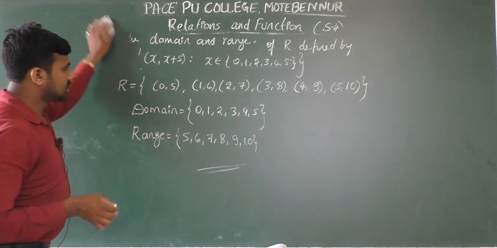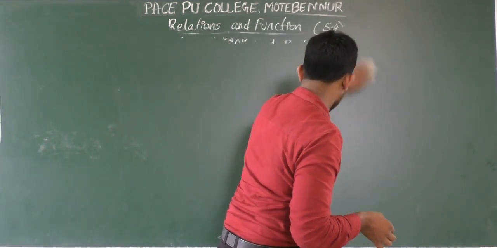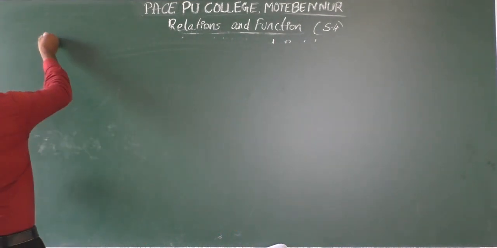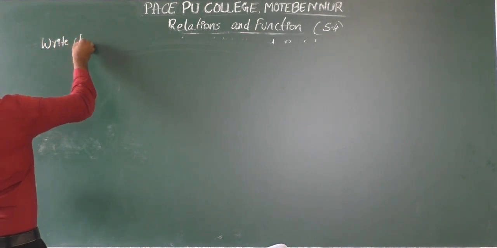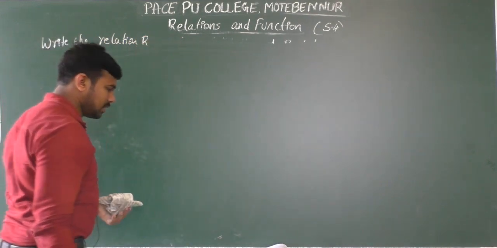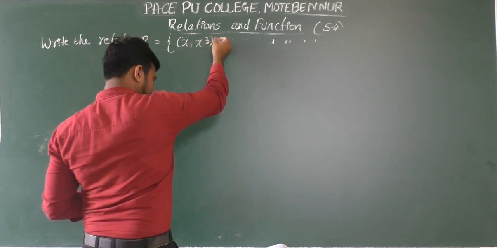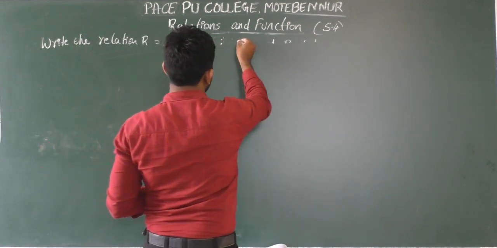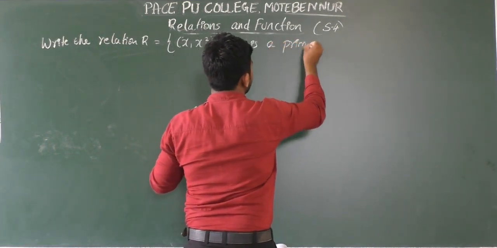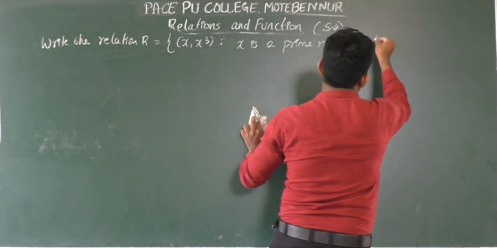Now see the next question. Write the relation R. R is equal to the set of all ordered pairs (x, x cube) such that x is a prime number less than 10.